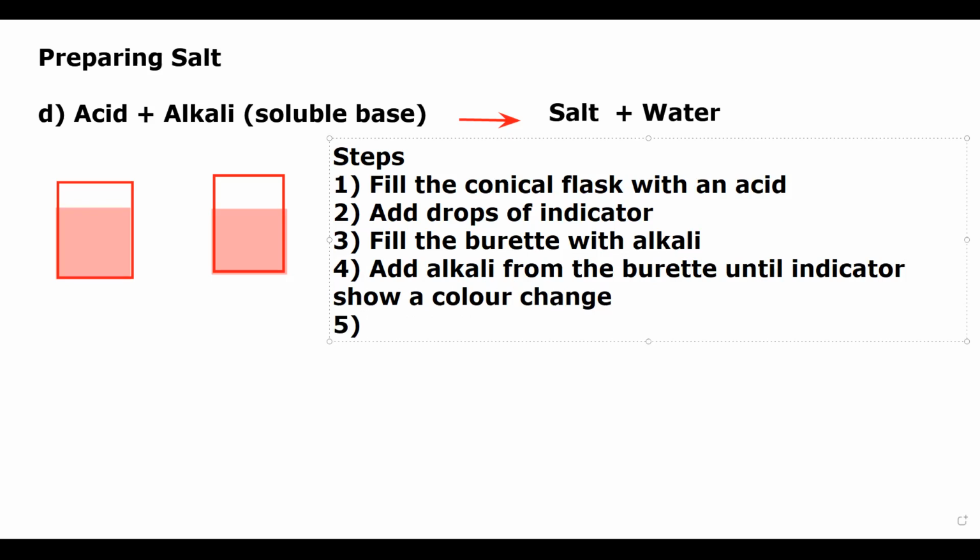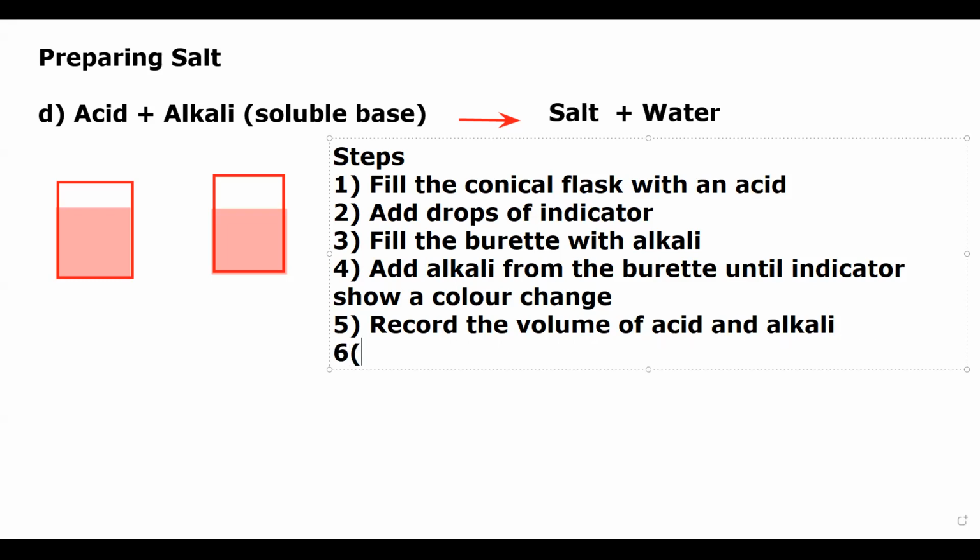And then after the indicator shows a color change, we will record the volume of acid and alkali. Then we will repeat the experiment without indicator, because the indicator was first used to identify how much acid is needed to react with an alkali.